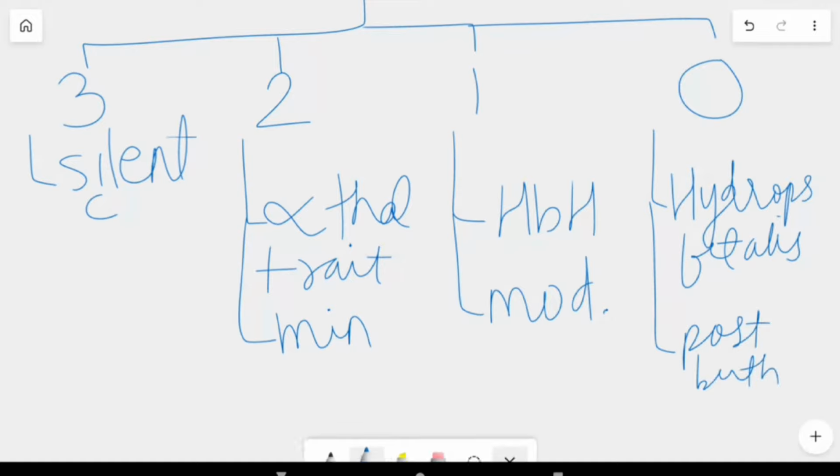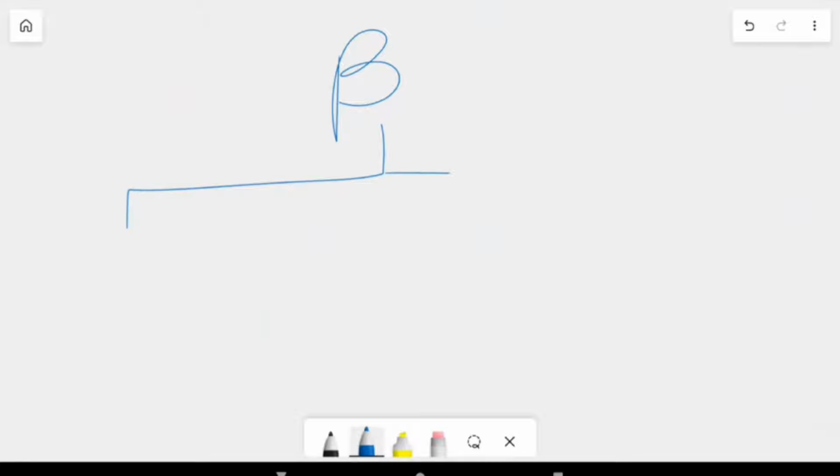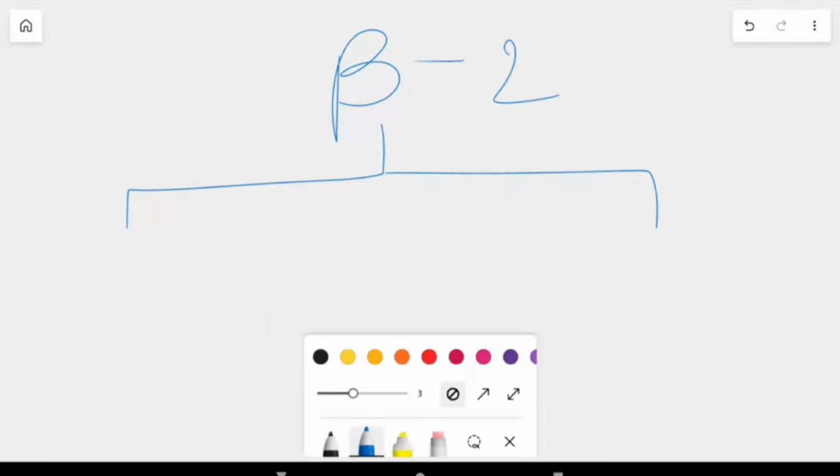So we've covered alpha thalassemia now. Now let's take a look at beta thalassemia. We've seen that beta globin is coded by 2 genes, 1 gene each on both of the chromosome 11. Normally there should be 2 genes present for beta globin.